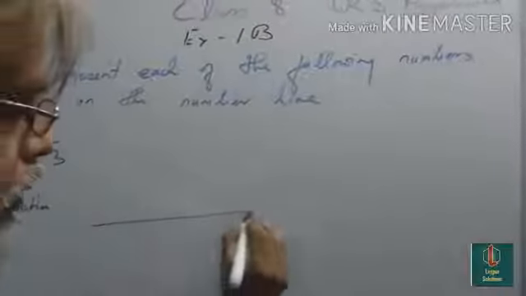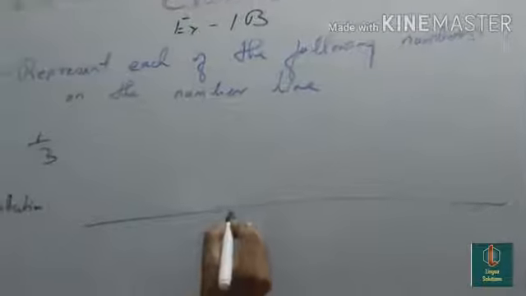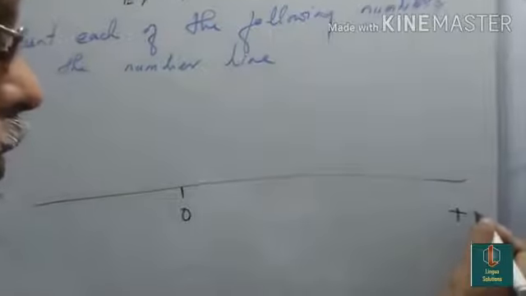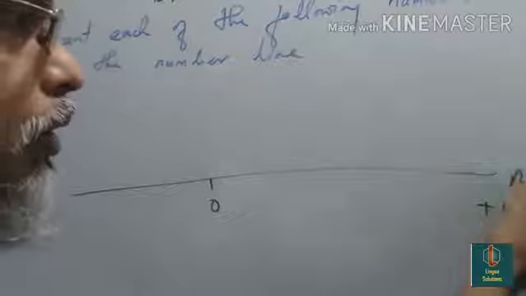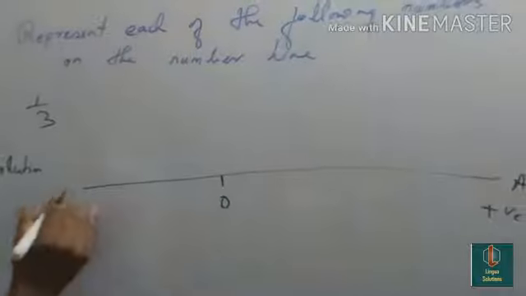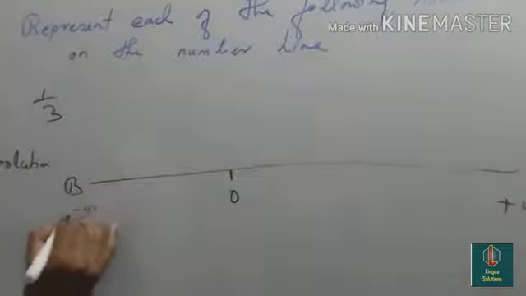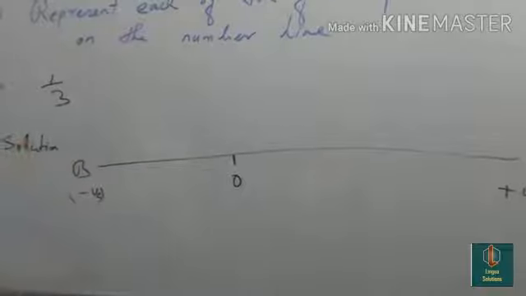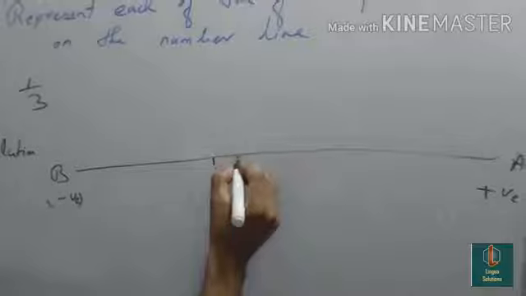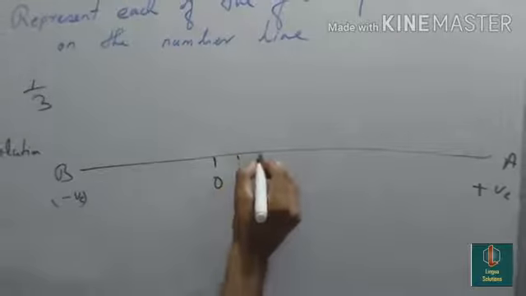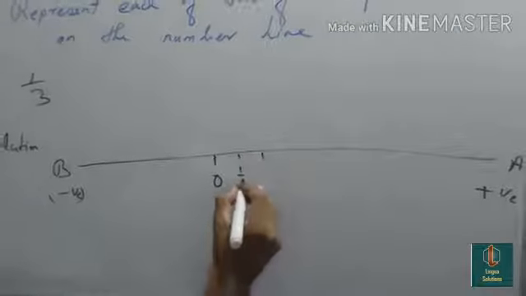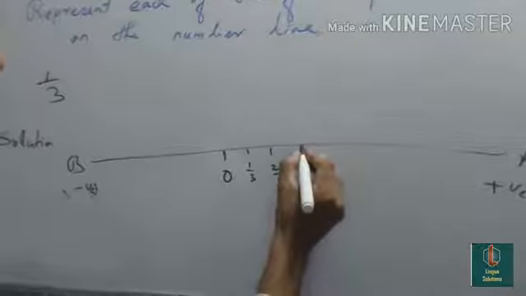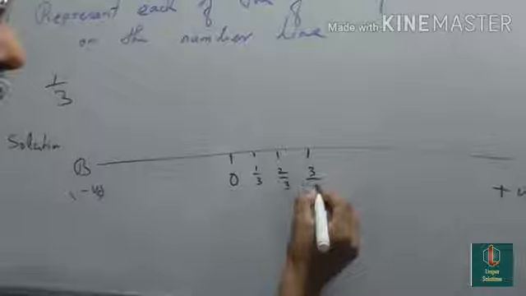This is a number line. Here it is 0 and this side is positive integers, mark it A, and this side negative, mark it as B. Now we have to show 1 by 3. It is 1 by 3, 2 by 3, and this is 3 by 3.